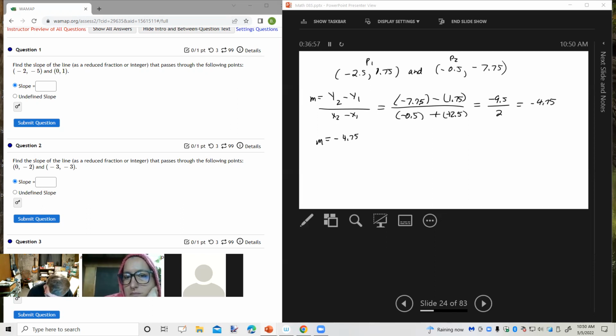So how would we turn that into a fraction in reduced form? Well, we could multiply by 10 over 10. And then we could reduce, divide the top by 5 and the bottom by 5, and we get negative 19 over 4. Let's check our work here. Negative 19 divided by 4 comes out the same.